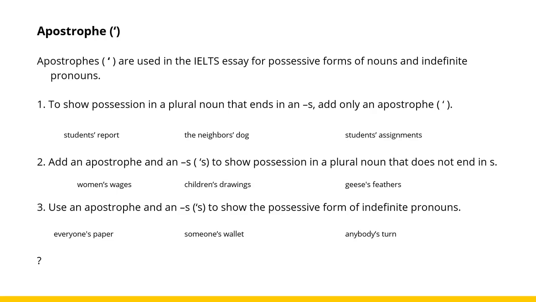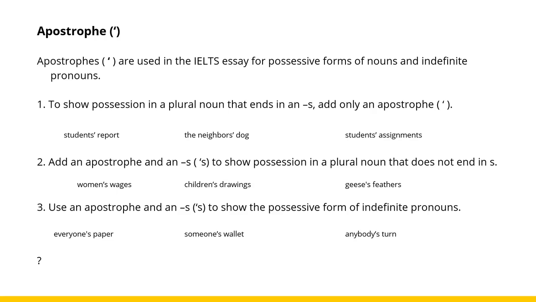The second one is quite different. Here we add an apostrophe and S, letter S, to show possession in a plural noun that does not end in the letter S. So for example, women is a plural form, and we add an apostrophe and also the letter S. So women's wages, children's drawings, geese's feathers. This is the second way of using the apostrophe.